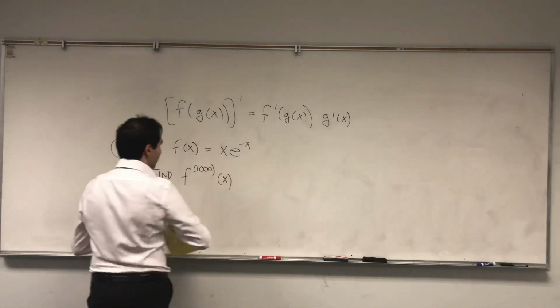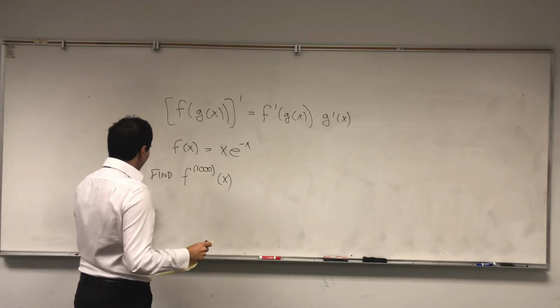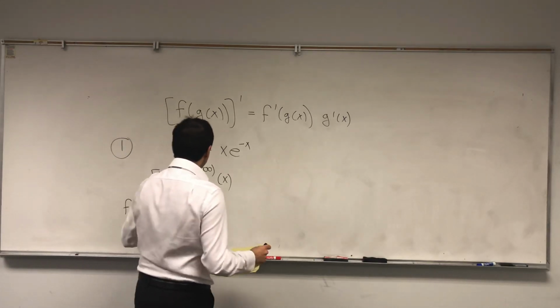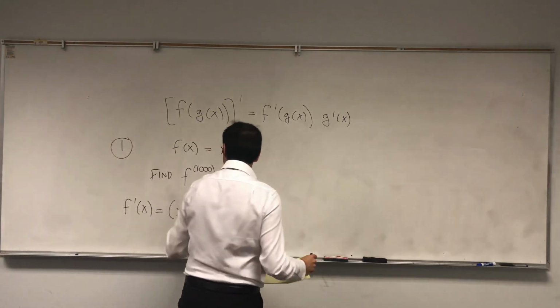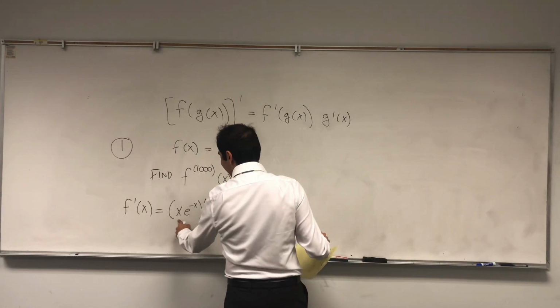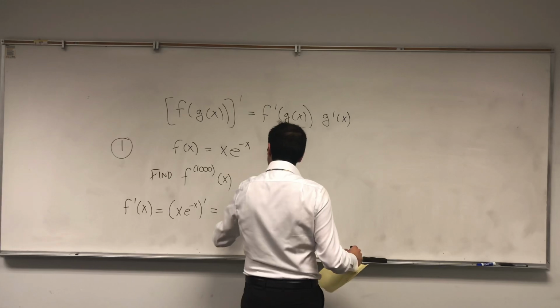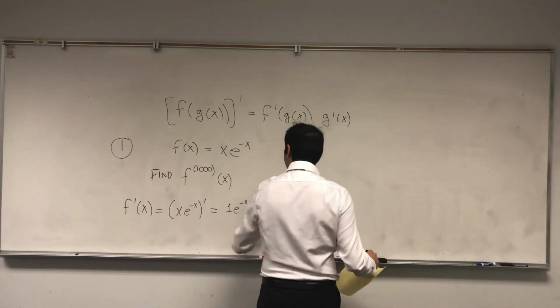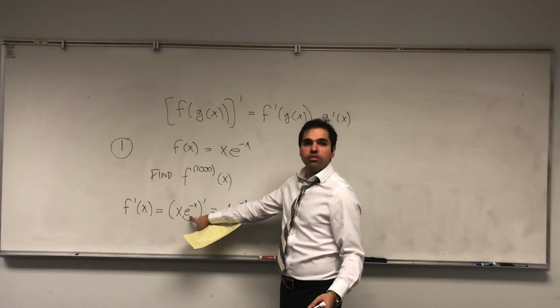So f of x is x e to the minus x. f prime of x, again, is the derivative of x e to the minus x. First you use the product rule, so differentiate that to get 1 times e to the minus x plus x times the derivative of this, for which we use the chain rule.